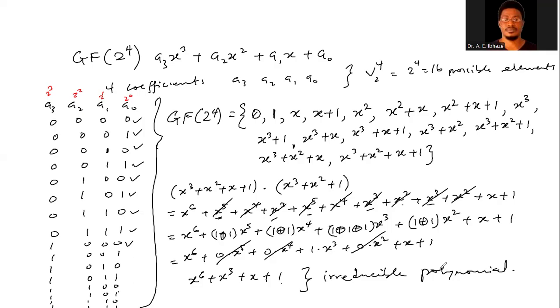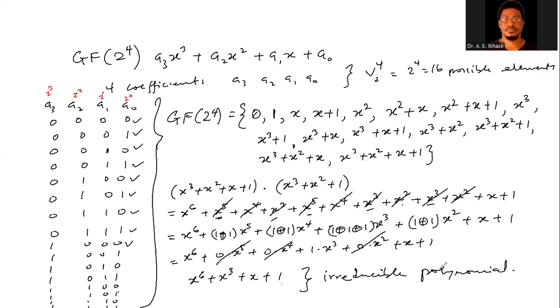Okay, so we will detail them. I know I didn't provide the details in the previous video, so we'll provide the details now. So we know the possible irreducible polynomials that can be considered in specific fields.